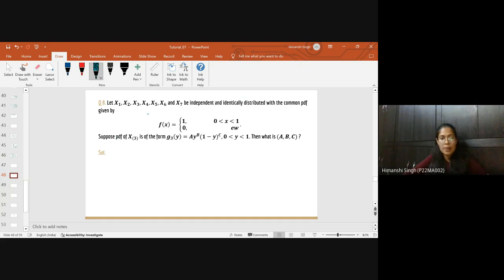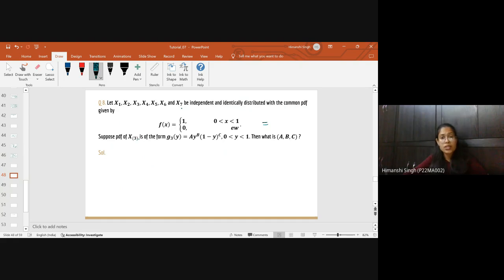Now for the next question, so what is the next question? That x1, x2, x3, x4, x5 up to x7 are independent and identically distributed random variables with common PDF this. So this is basically a uniform random variable over the interval 0, 1.